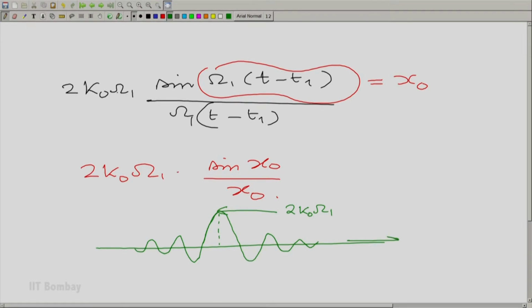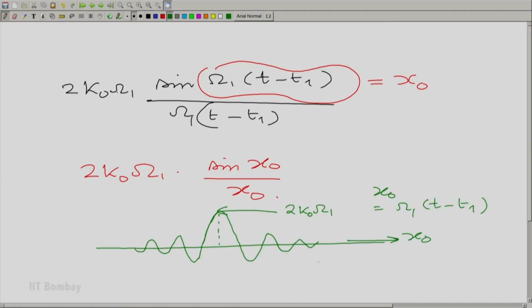And x0 here, x0 is omega 1 into (t minus t1). So, it is a question of matching. And now, you see, the point is when omega 1 tends to infinity here, what is happening really? We essentially have oscillations, and these oscillations are dying down smaller and smaller. Look at them. So, essentially we are looking at omega 1 tending to infinity.